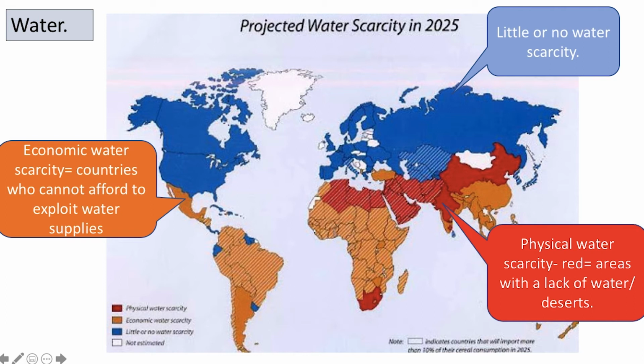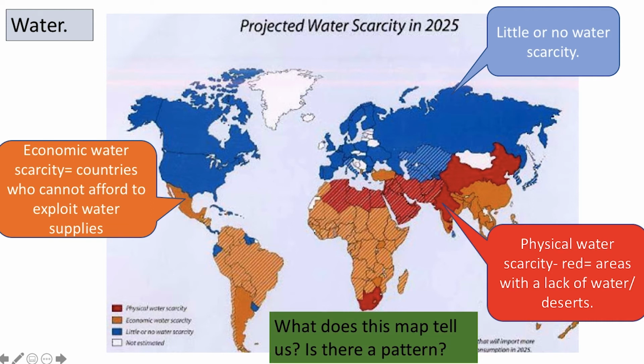So again, if you take a little look at it, we can start to think about what this map tells us. We can start to look to see if there's a pattern. I would be looking here at continents if I was looking for a pattern. So if I take a look at North America and Europe, there's little or no water scarcity projected for 2025.